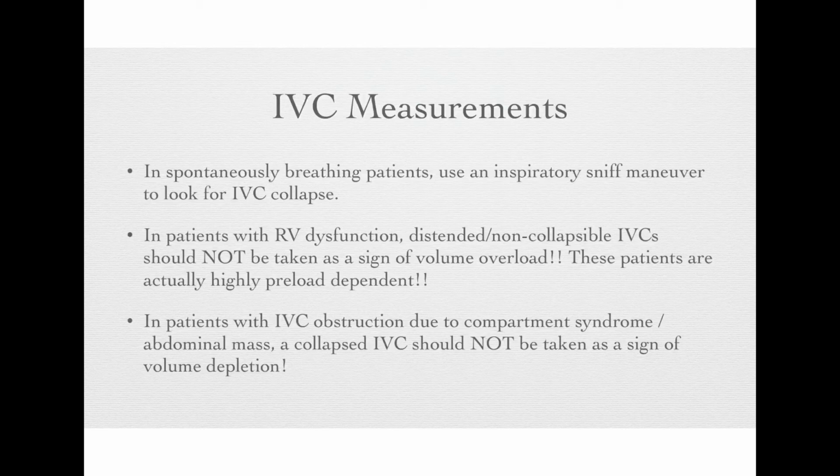This is because the collapsibility of the IVC in these patients has nothing to do with their volume status. It's purely due to the mass effect of the abdomen on the IVC more distally, which is resulting in collapse closer to the heart.